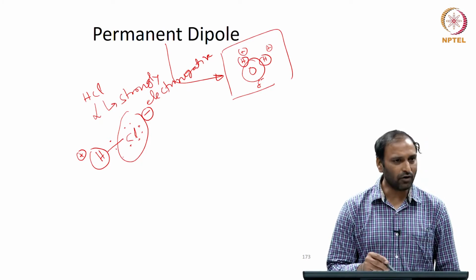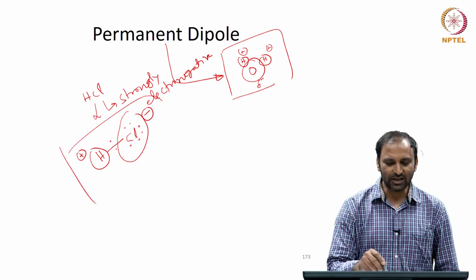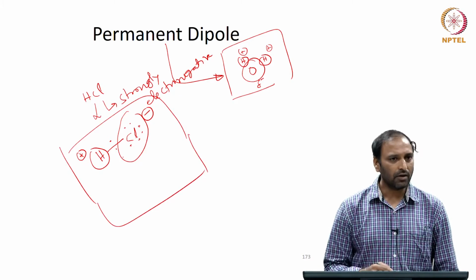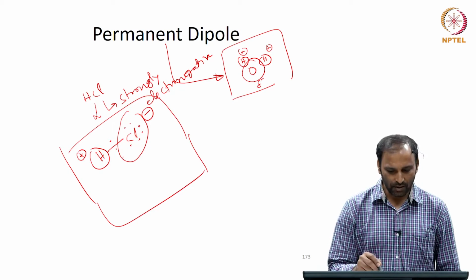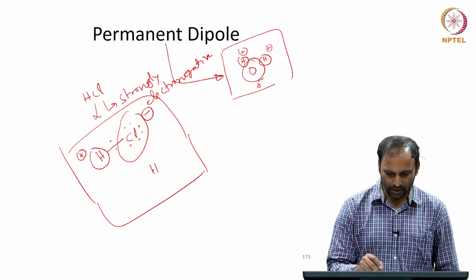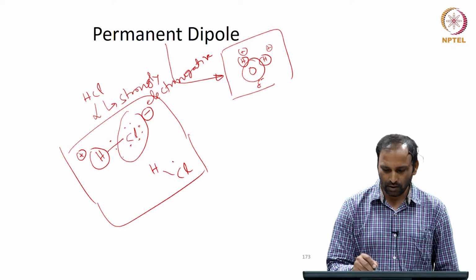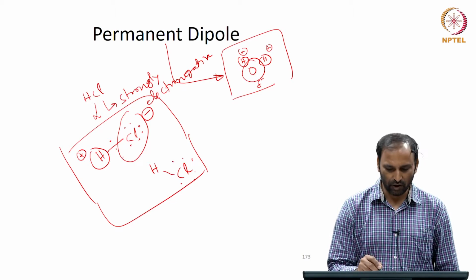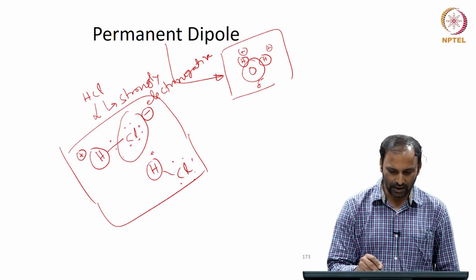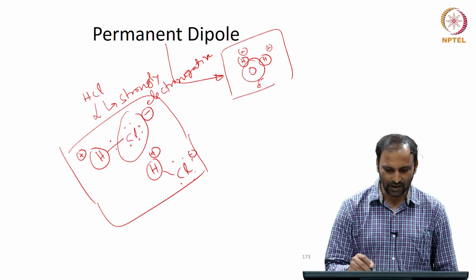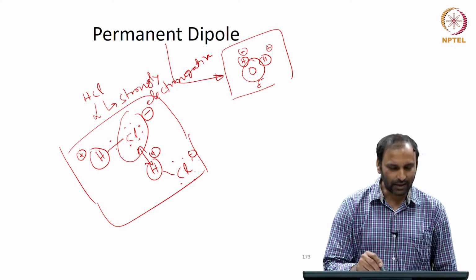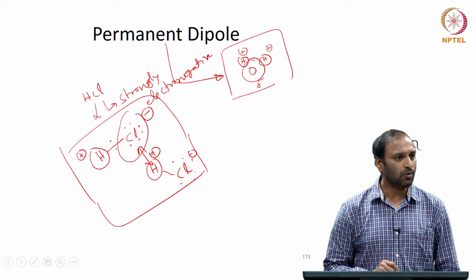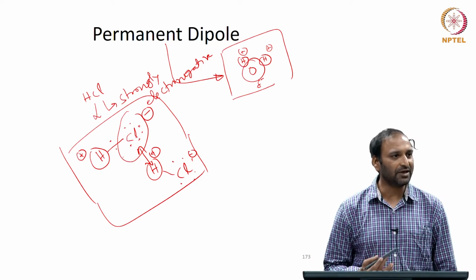So if I take another HCl molecule, I can write a similar configuration. This end is slightly positively charged, this end is slightly negatively charged, and there is going to be an attraction between the two molecules which have permanent dipoles.